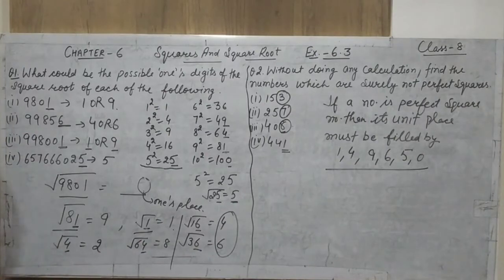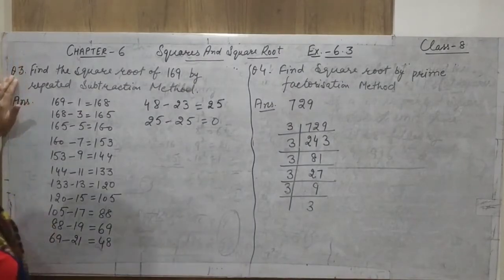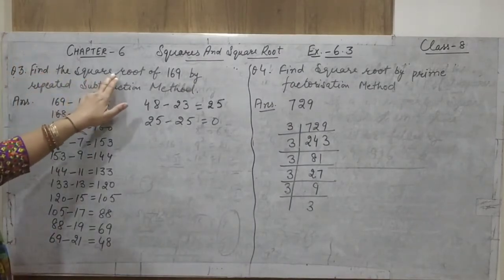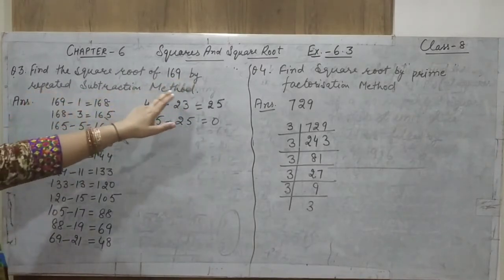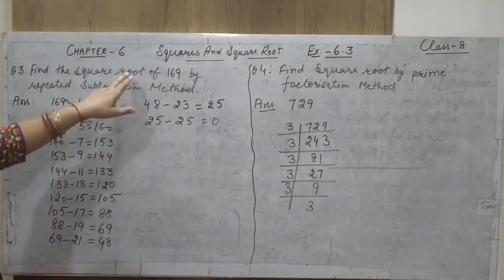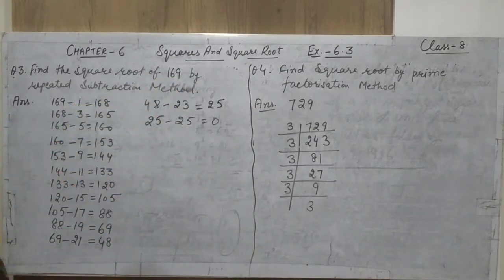Now let us start with question number 3 of exercise 6.3. Now students, the third question is: find the square root of 169 by the repeated subtraction method. Here the questions are 169 and 100. One I will explain, and the second you can do by yourself.